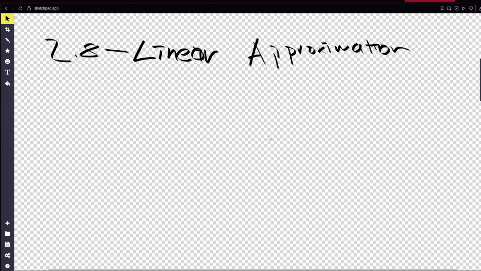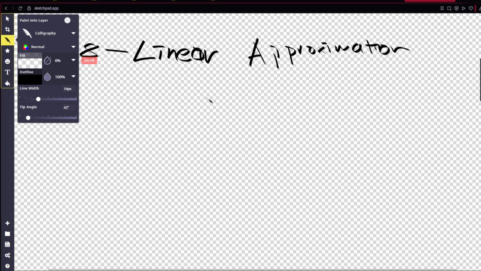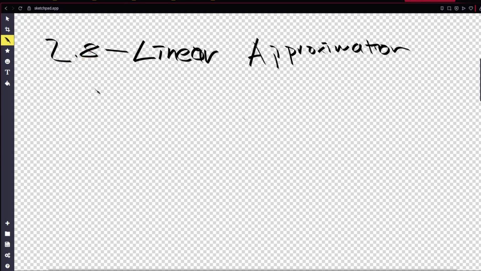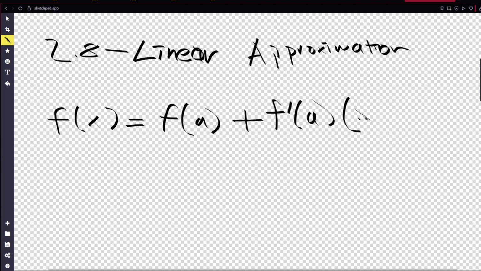Actually, let me first define what the linear approximation function is, which is f of x is equal to f of a plus f prime of a times x minus a. Before I explain this, math is all about understanding why certain formulas work as opposed to just using them.